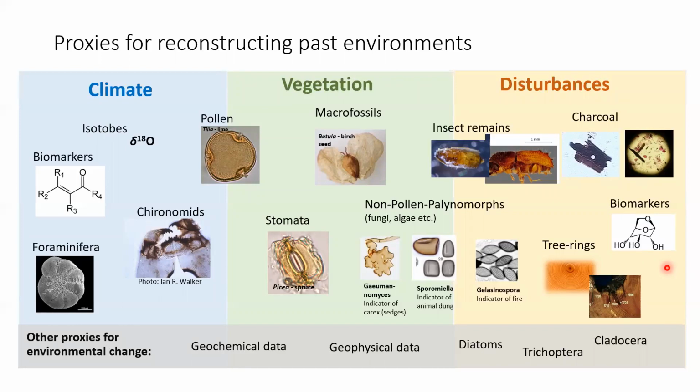Then also different non-pollen palynomorphs can be used to interpret fires or human disturbance in the area, or biomarkers can be used for different disturbances. Also, you can use tree rings for going back a few hundred years in time, and usually you can see, for example, fires in the tree rings. Then also you can use geochemical data that can give you an indication of the climate or the disturbances or the vegetation. Same with geophysical data.